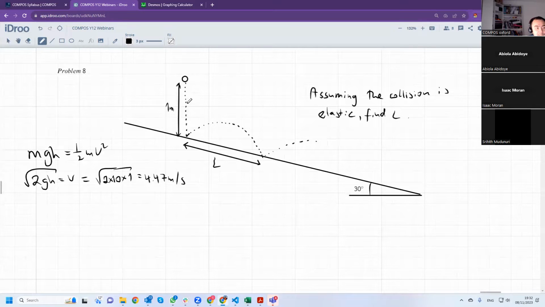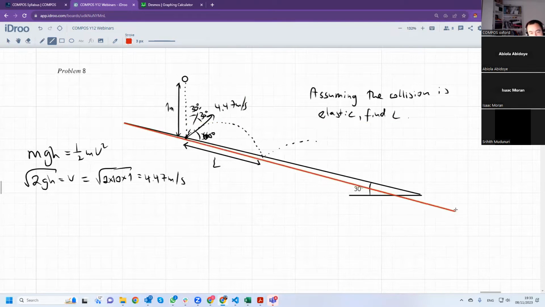That's the velocity when it hits the surface, and then it bounces off that surface with a velocity of 4.47 meters per second. Now the angle, well, this is 30 degrees, so this must be 60 degrees.